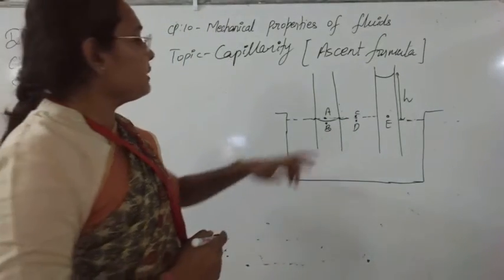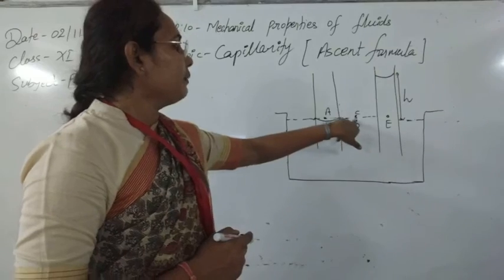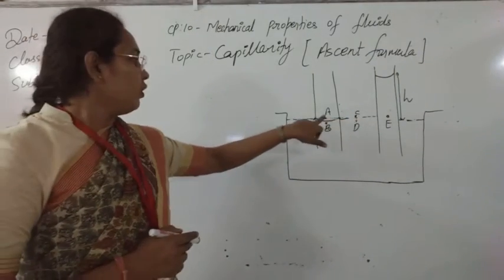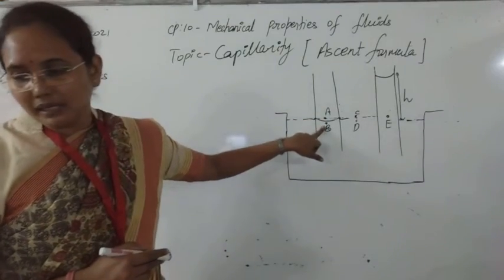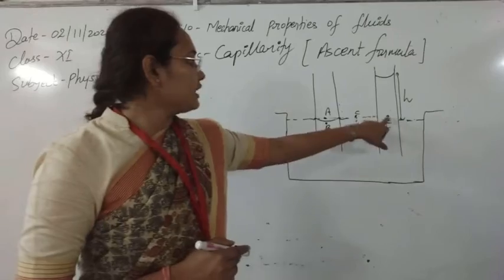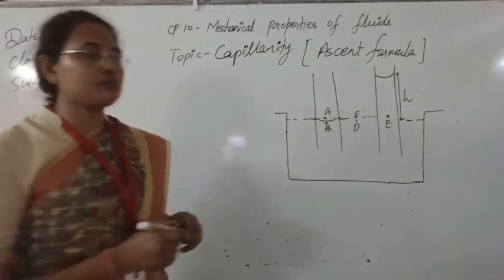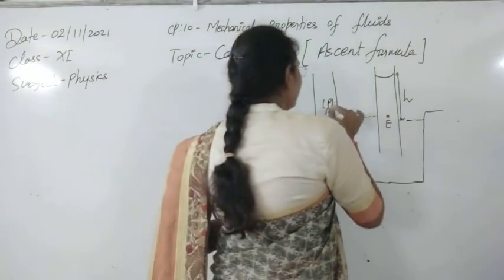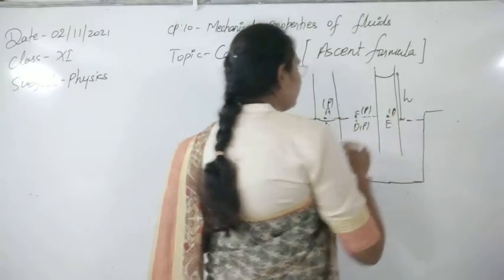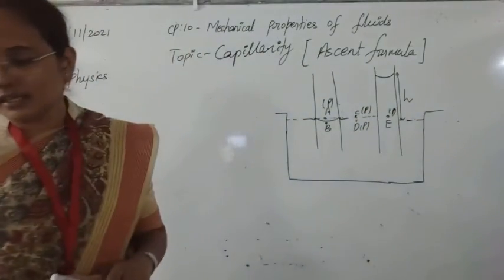Also the pressure will be the same for C and D because these are at the same level on this central line. Only A and B are different points, but in all these points you can see the pressure will be the same. So suppose pressure is P here, also here pressure is P, here also pressure is P. Up to now this one is clear, I think.